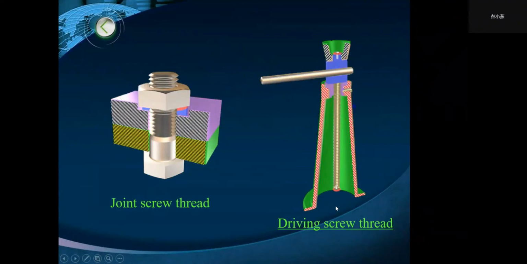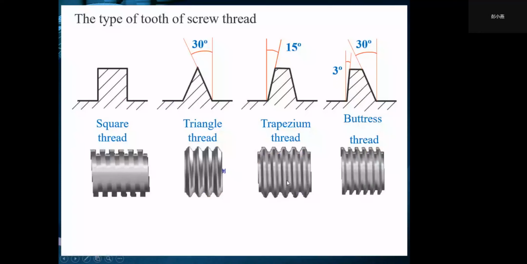The driving screw thread can transmit force and movement. The triangle thread is joint screw thread. And square thread has the greatest strength and efficiency. It is driving screw thread, but it is more difficult to fabricate.